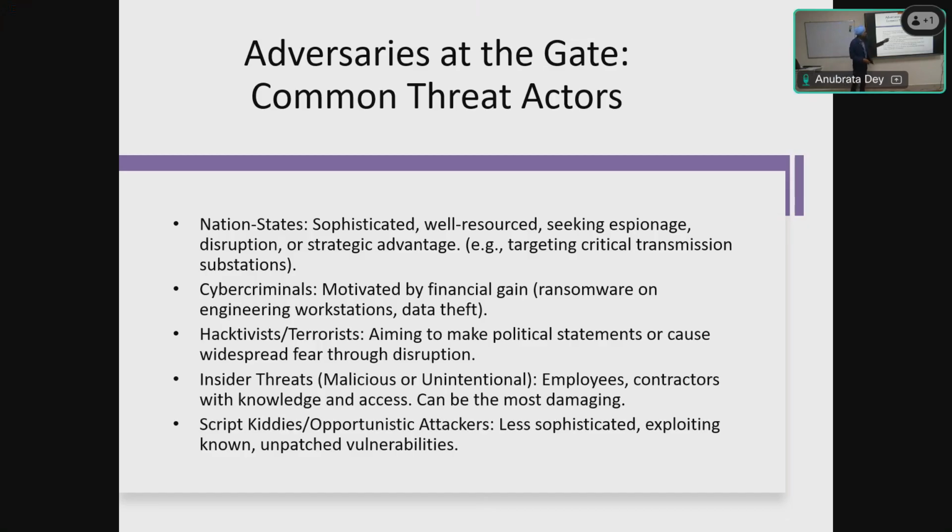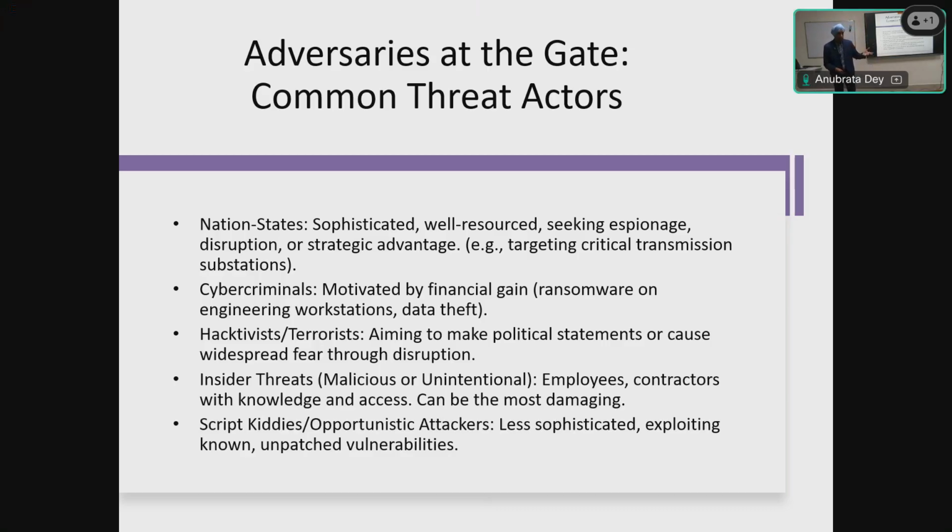These are various types of attackers. There are nation states, which are state-sponsored attackers. Those are very sophisticated and well resourced. They are basically trying to disrupt something or gain a strategic advantage. I tell you, Canadian websites have been regularly attacked.